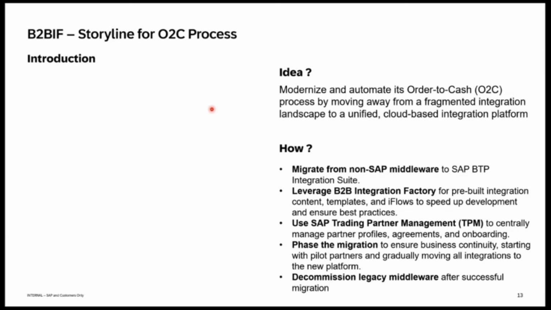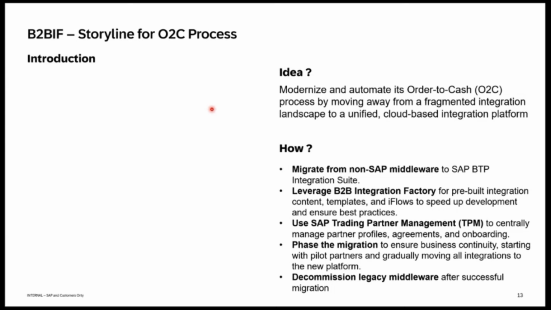And how they are going to achieve this is by migrating from their non-SAP middleware to SAP B2B Integration Suite. And they would be leveraging our B2B Integration Factory pre-built integration content, templates, and iFlows to speed up their development.